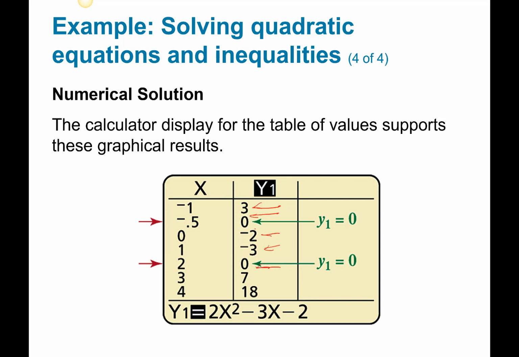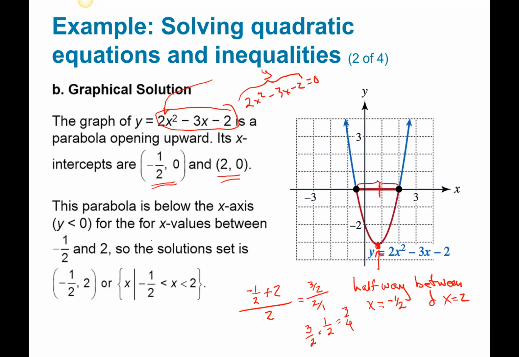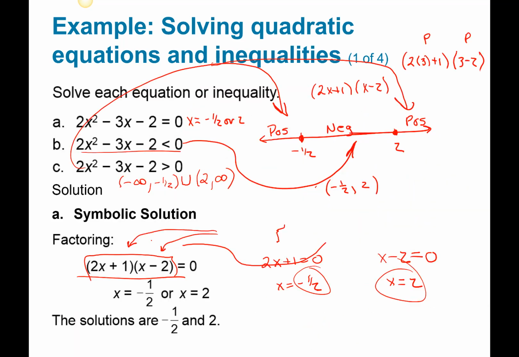Here it's 0. So anything from this value here over to this value here, in the middle part, it's going to be negative. Well, that's our negative 1/2 to positive 2 that we had gotten earlier. Remember, if it's less than 0, it's this negative 1/2 to positive 2. It's another way to get the same thing.